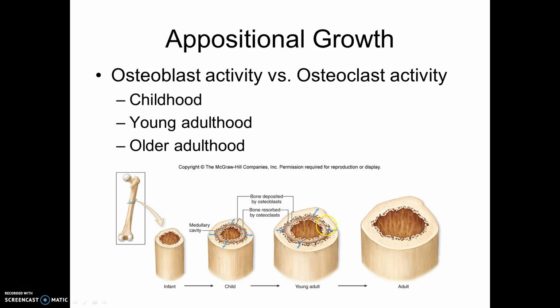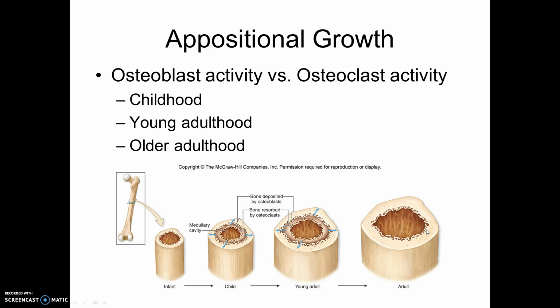And so then into young adulthood, you can see the medullary cavity getting even larger. So bone resorption is happening in the same direction as bone formation. Osteoclasts resorbing bone, osteoblasts producing bone. And so this tends to then be kind of similar to what we end up with as a fully mature adult.